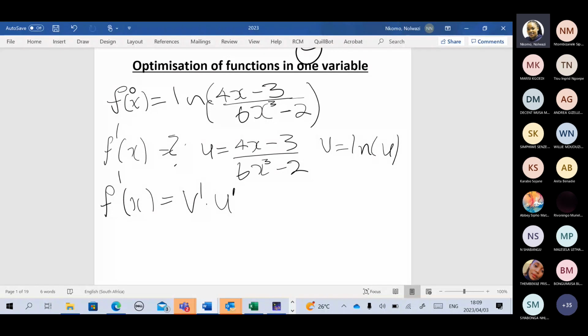For us to use the chain rule here, we need the derivative of u and the derivative of v, and we can find that from our u and v. We have v simple because it's ln u. We can just use the laws of exponent and logarithm or derivative. So if v is equal to ln u, v prime will be 1 over u, right?